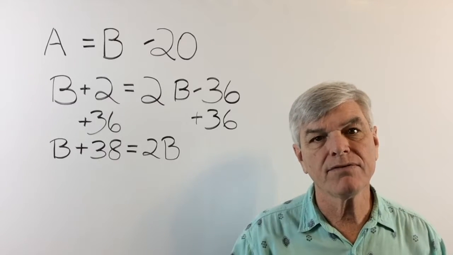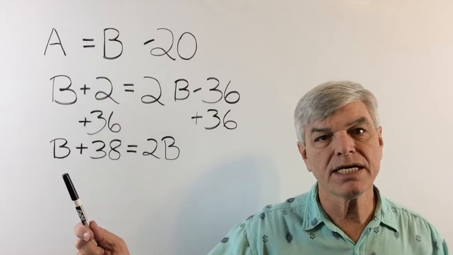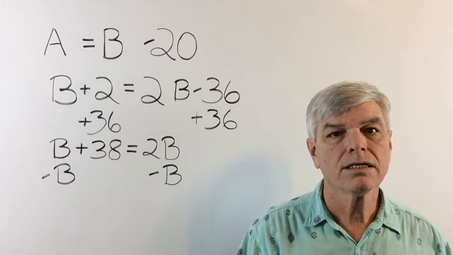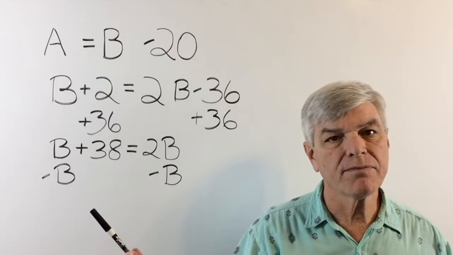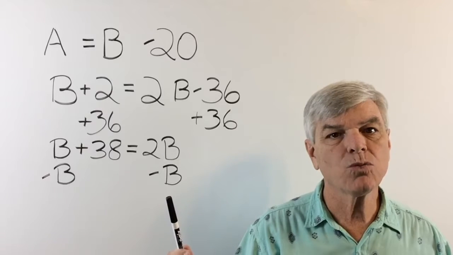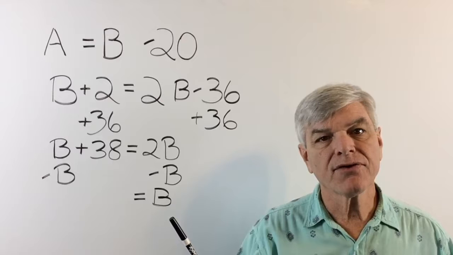Now we need to move all the b's to the other side. So let's move this b by subtracting b from both sides. So that will remove b from this side. And 2b minus 1b, remember b equals 1b, 2b minus 1b equals 1b. And don't forget to bring the 38 down.